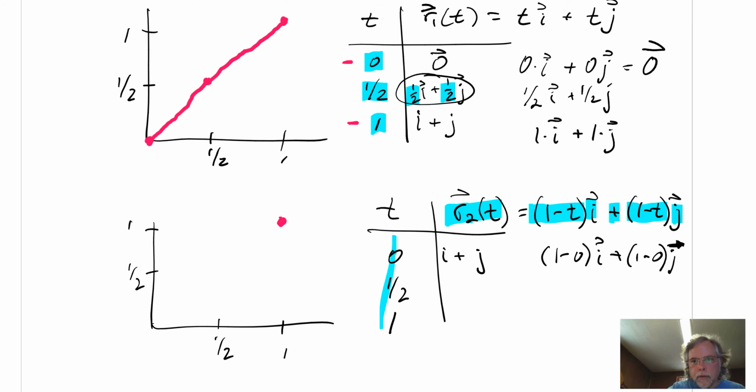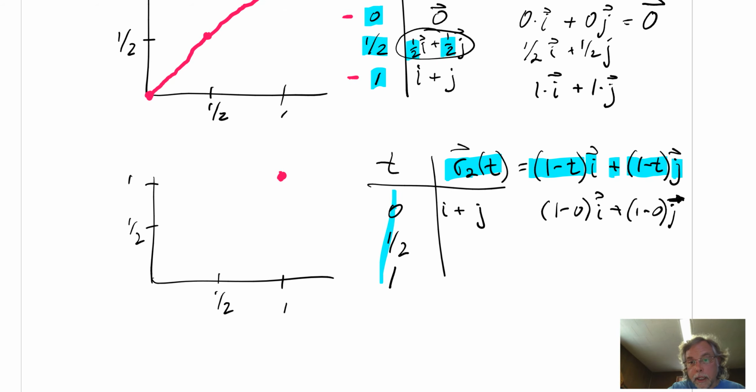Then we come down to, in the table, t equals 1/2, and we'll have 1 minus 1/2 times i plus 1 minus 1/2 times j. 1 minus 1/2 is 1/2, so this is 1/2 i plus 1/2 j.